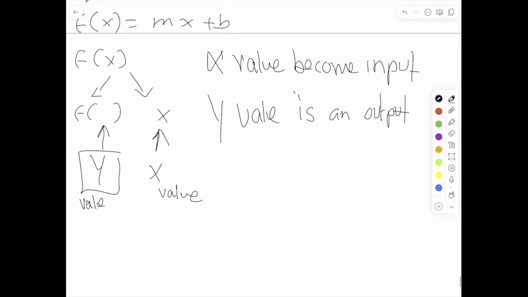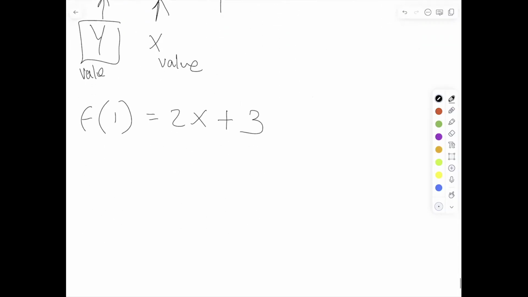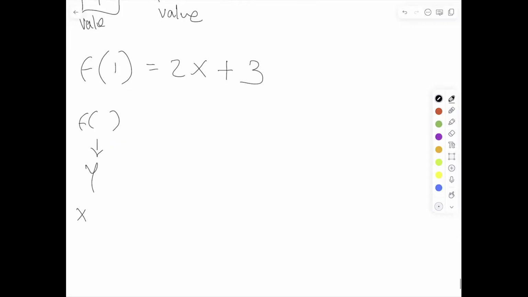So I'll give you an example. f of 1 is equal to 2x plus 3. So here we are saying f is y and x is equal to 1. So where you find an x value, replace it with what?